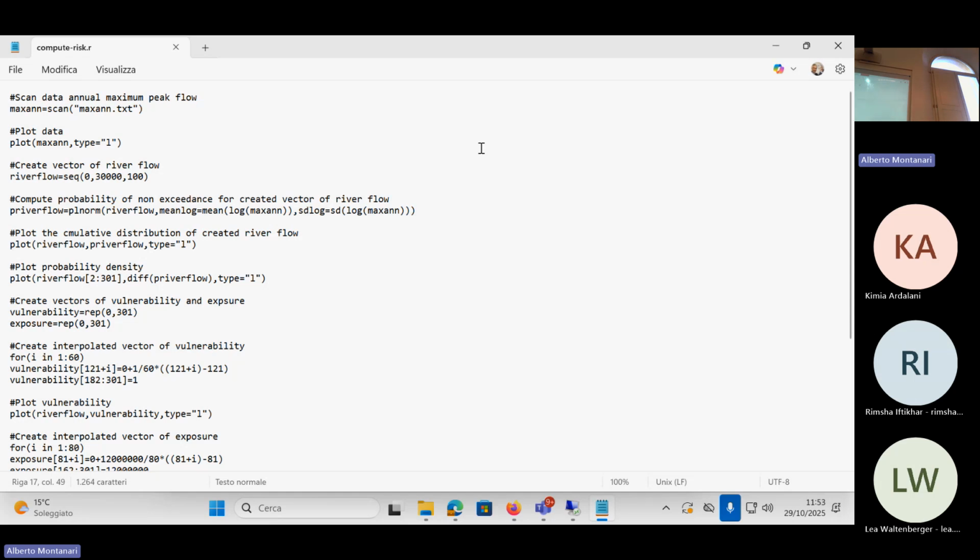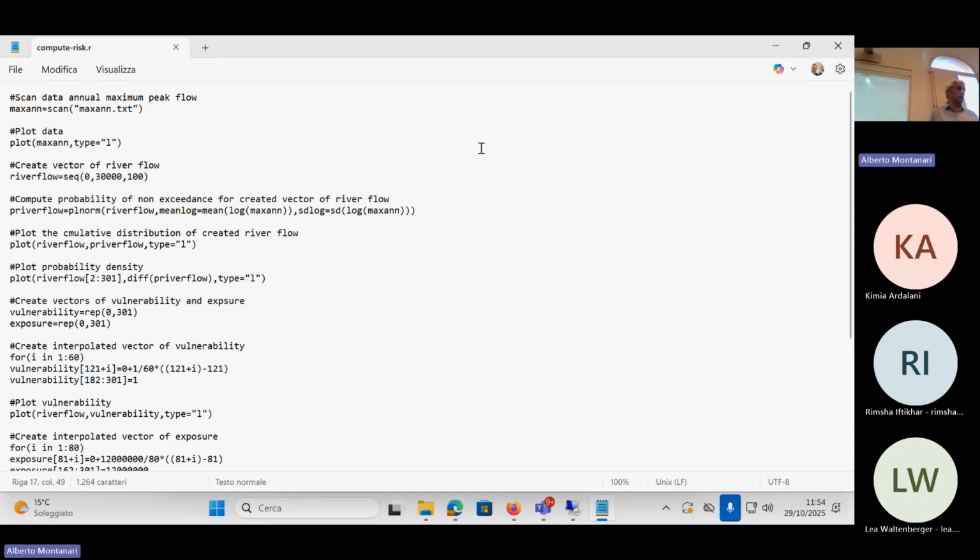And let's create a vector, the range of river flow, so range of river flow is 0, 30,000. It's reasonable because if you remember, here the max of river flow is 19,000. So let's make a graph that is extended in the range 0, 30,000.